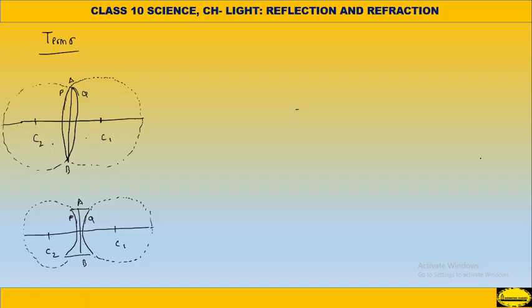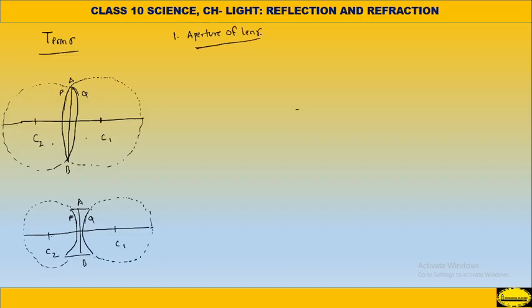Now, what are the different terms which are associated with the spherical lenses? The first one is aperture of lens. So, what does it mean?